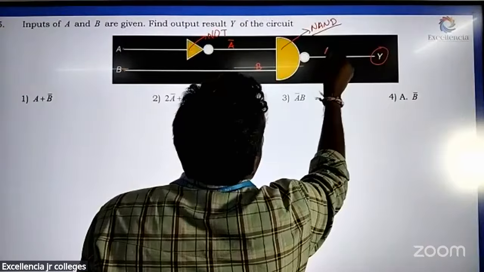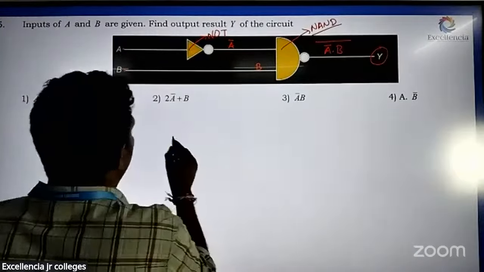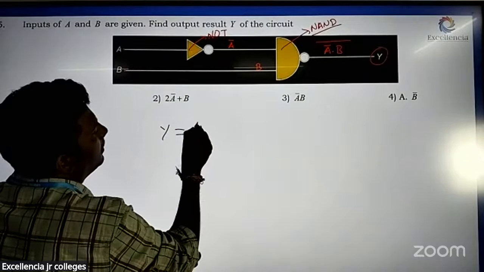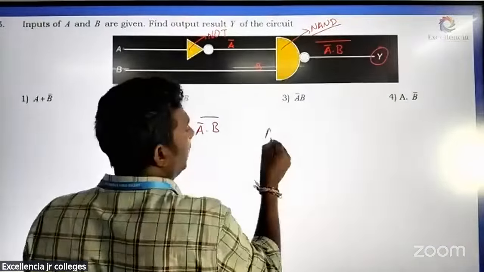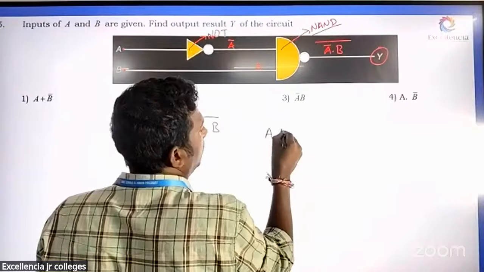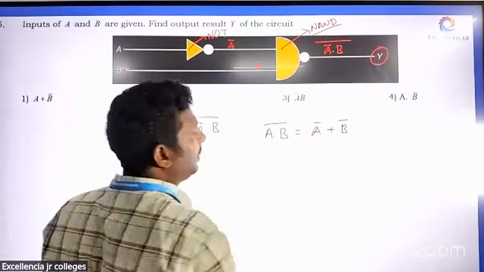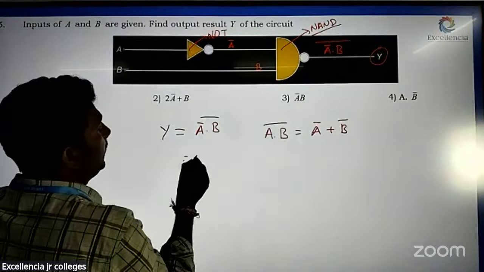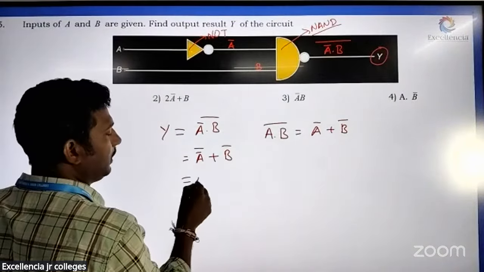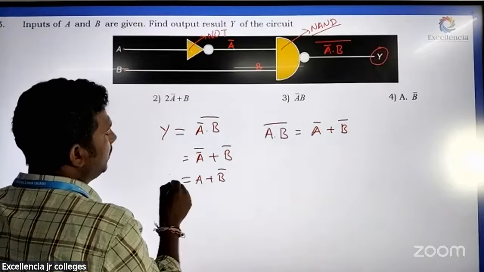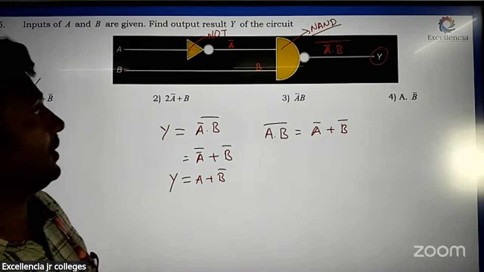So Y equals A bar dot B whole bar. From De Morgan's law, this equals A bar bar plus B bar, and A bar bar means A. So Y equals A plus B bar. This is the simple question that was given, so we get the first option as the answer, students.